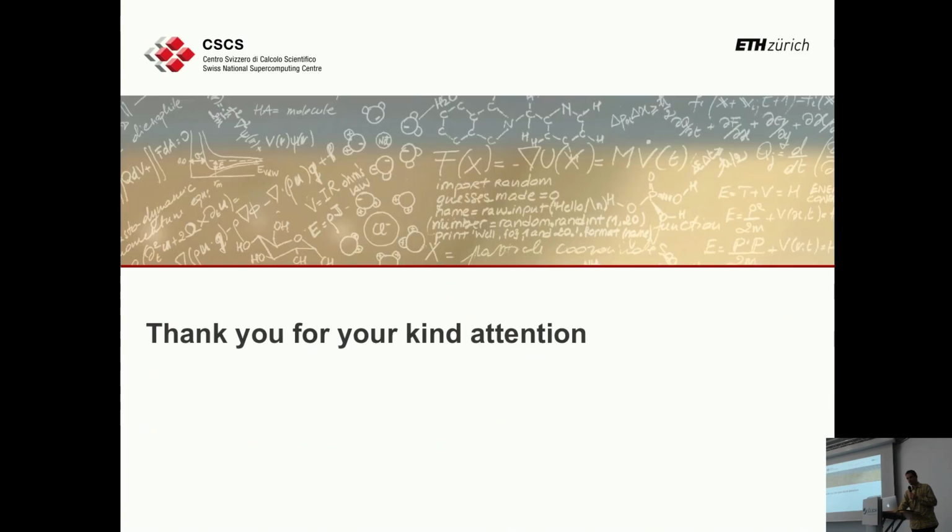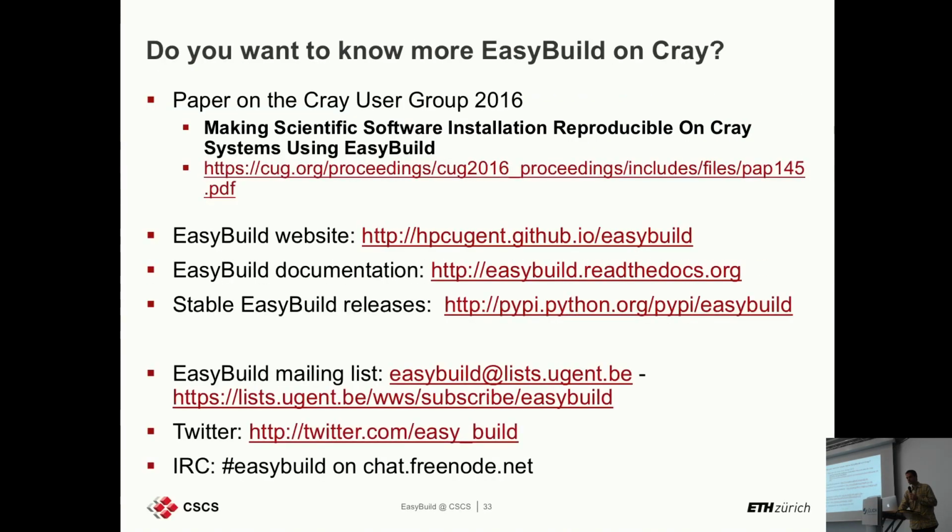There's another question. Sorry. It seems like you've had to do a lot of work to cover up for Cray's deficiencies. Have you tried to sort of lean on them to work in a more compatible way, to maybe incorporate EasyBuild into their own internal stack, that kind of thing? Yeah, that's a good question.